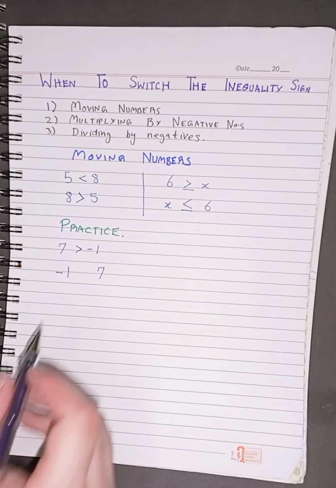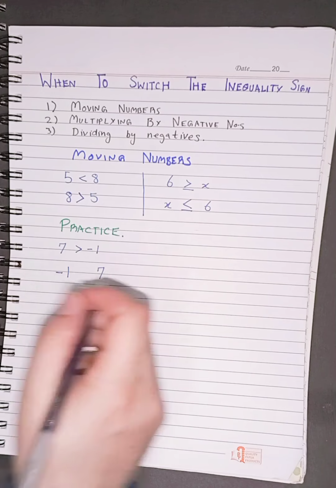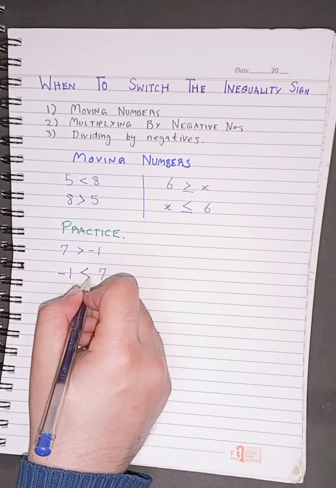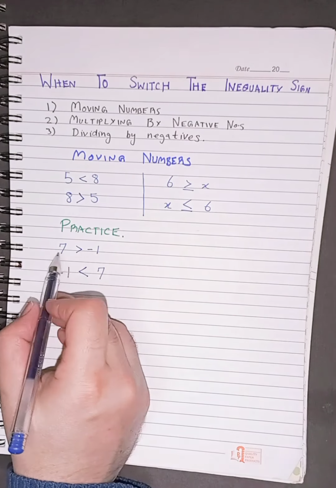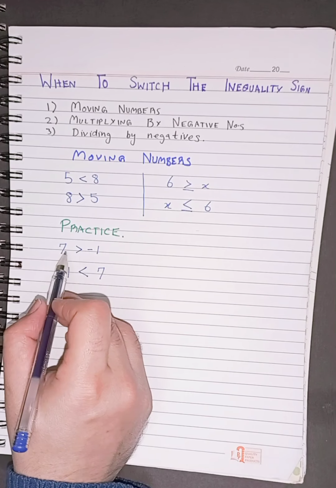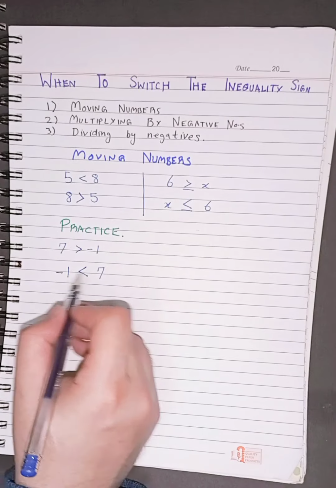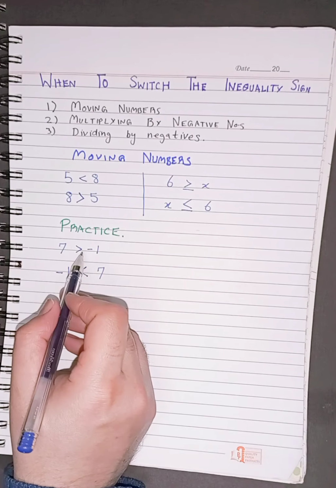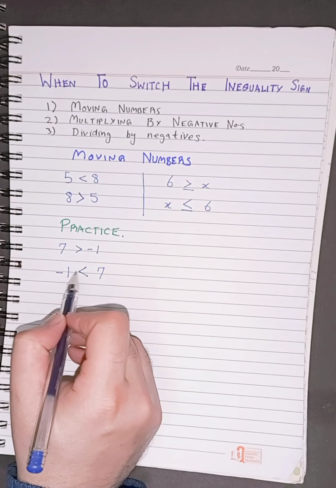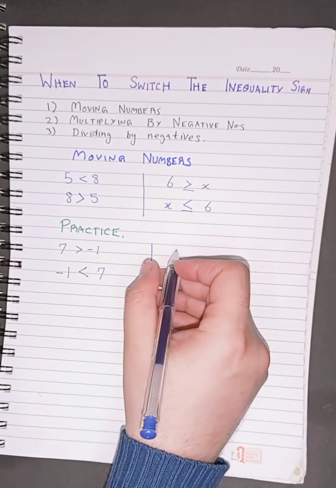Which symbol will you use here? If you have selected the less than symbol here, then you are right, because in the original question we have 7 is greater than -1, and we have reversed the positions of numbers, so we replace greater than by less than: -1 is less than 7.